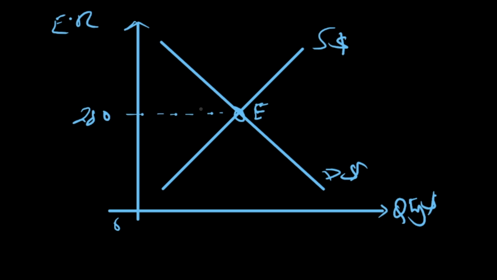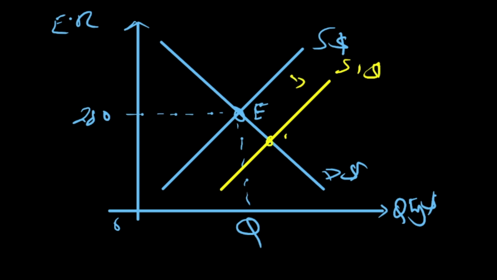On y we have exchange rate, and this is quantity of dollars being purchased in the market. So an increase in supply of dollar will shift the supply curve to the right. The new equilibrium will now move to E1, where quantity of dollar will increase to Q1 and the exchange rate will fall to 250 Pak rupees against $1. So the dollar has again depreciated against the Pak rupee.